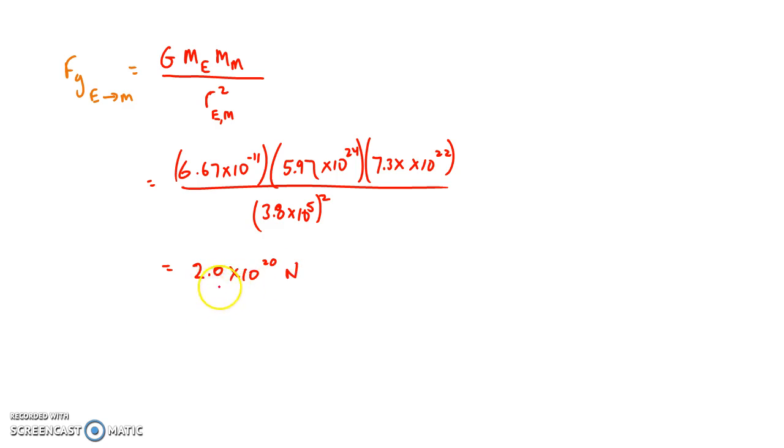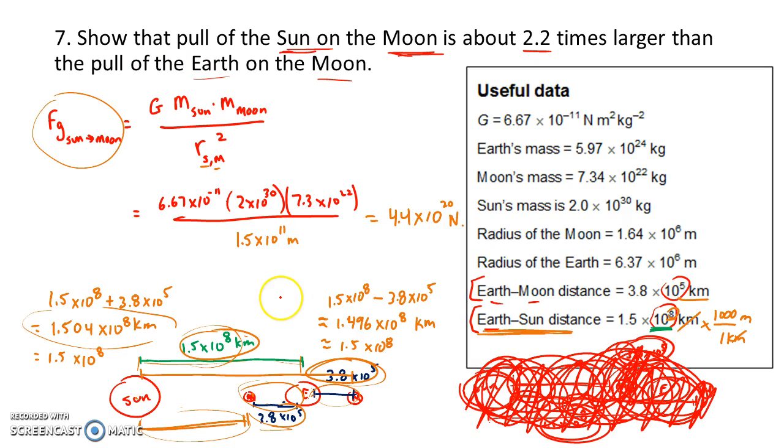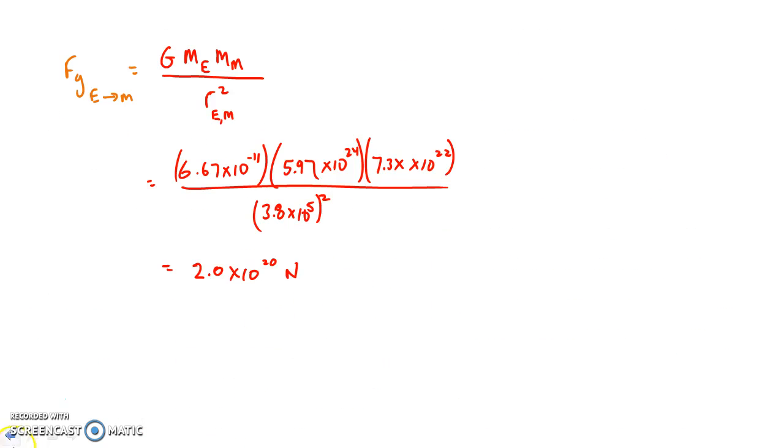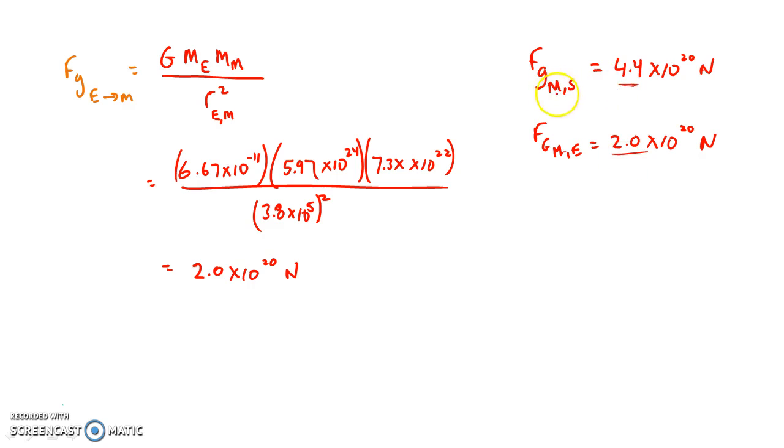So let's compare this number and our number up here. If I summarize it in the table, just looking at these two numbers, you can see that the force from the Sun on the Moon is roughly double that of the Earth on the Moon. But you could also divide the two numbers by each other.